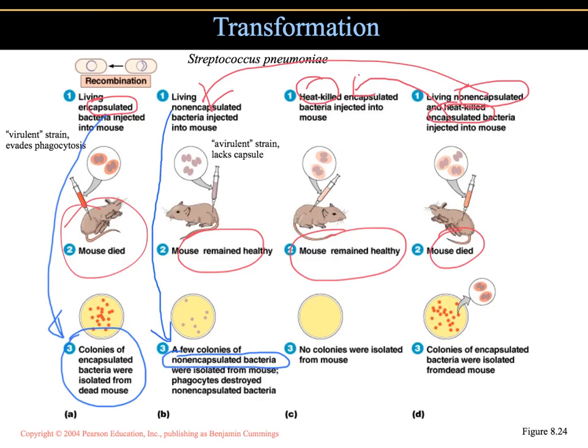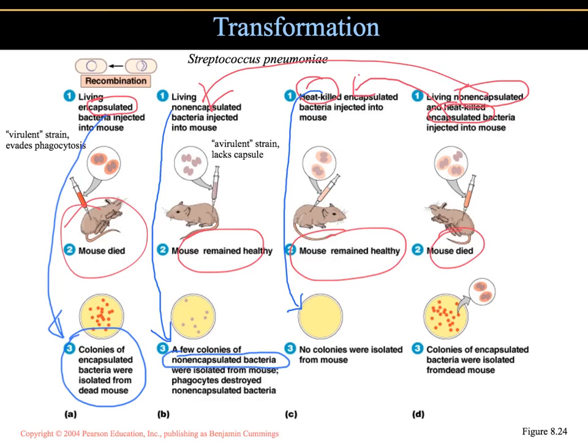Now, they only retrieved a few colonies of it, and this is because the other ones were destroyed by phagocytes. So, third situation, no colonies were isolated from the mouse. Why? Because these were heat killed, they were dead, and so they did not grow within the mouse. No colonies were isolated.